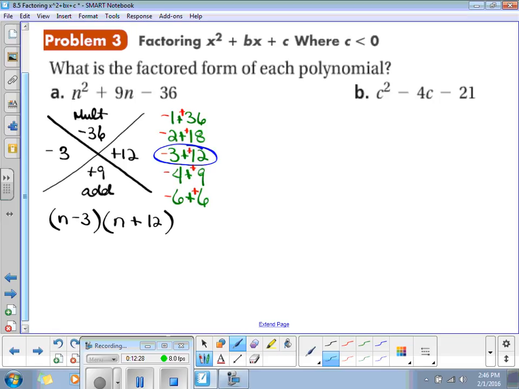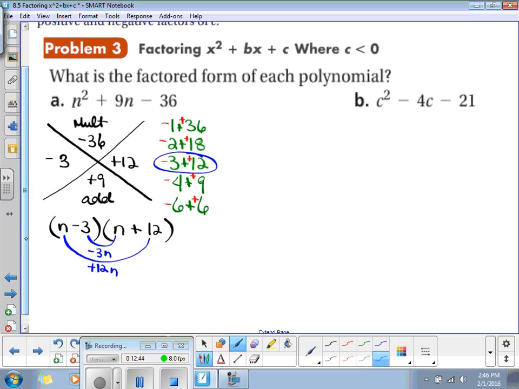And again, you can check. Negative 3 times n is negative 3n. And n times positive 12 is positive 12n. And that negative 3n plus 12n gives me 9n.